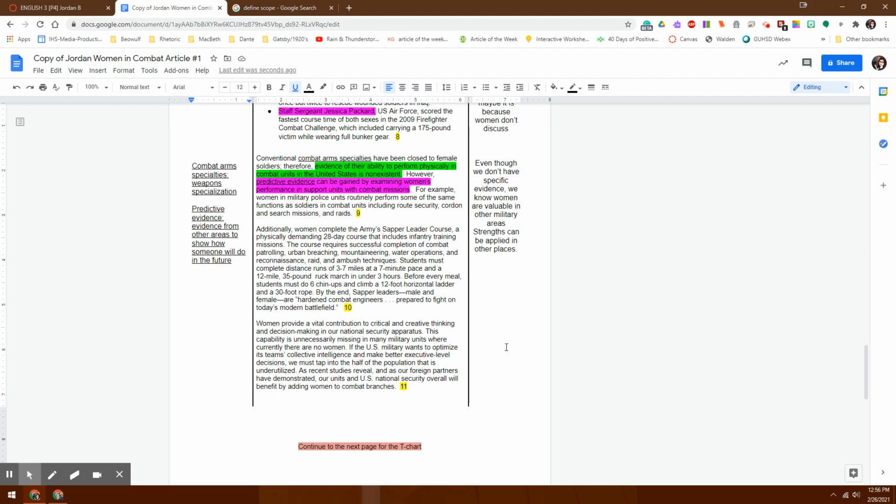Students must complete distance runs of 3 to 7 miles at a 7-minute pace and a 12-mile, 35-pound ruck march in under 3 hours. Before every meal, students must do 6 chin-ups and climb a 12-foot horizontal ladder and a 30-foot rope. By the end, sapper leaders, male and female, are hardened combat engineers prepared to fight on today's modern battlefield.